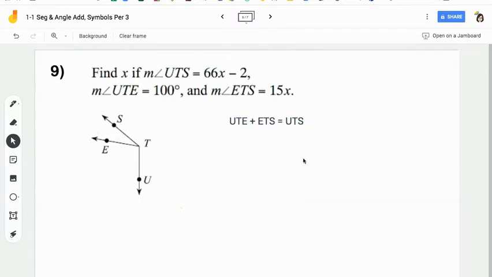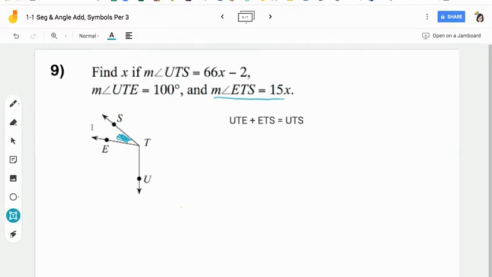Okay, so we know ETS right here is 15x. And UTE is 100.